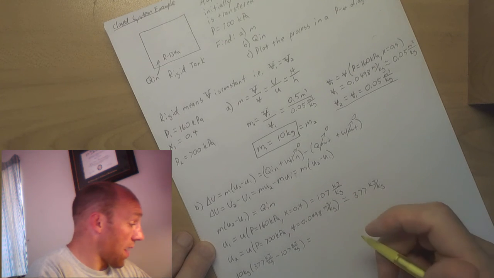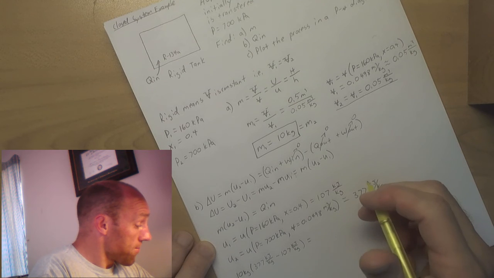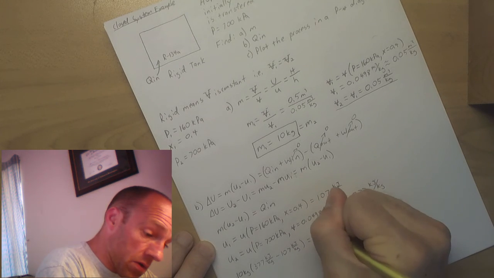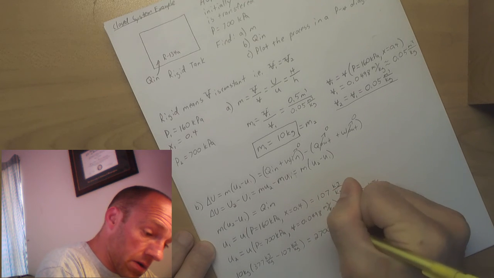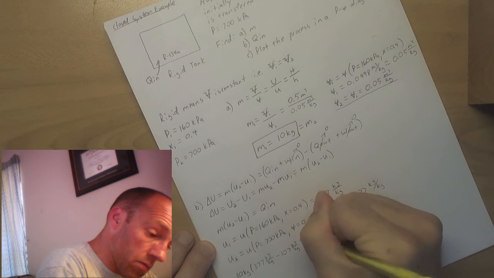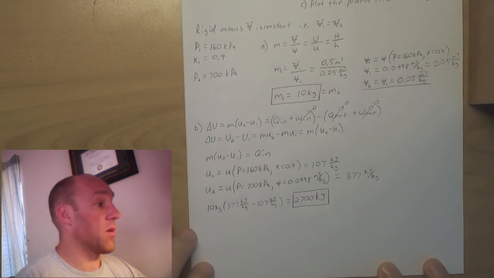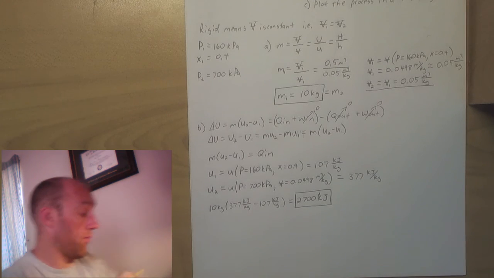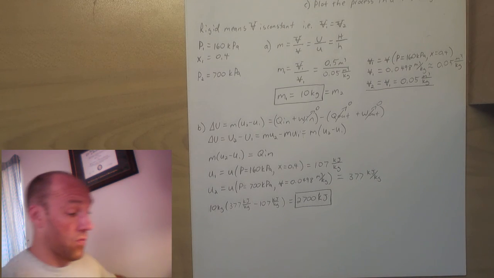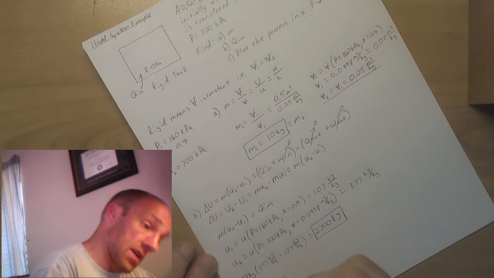I just do that math. And Q in comes out to 2,700 kilojoules. All right, and then C.